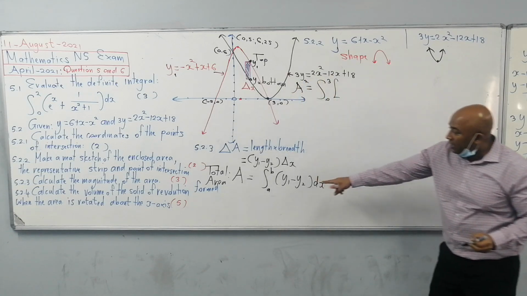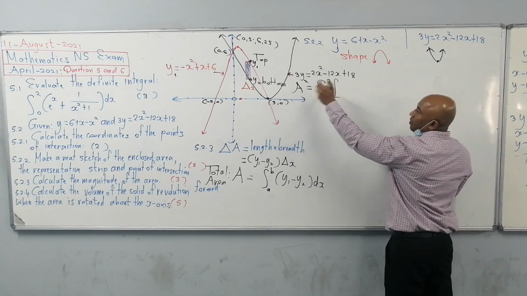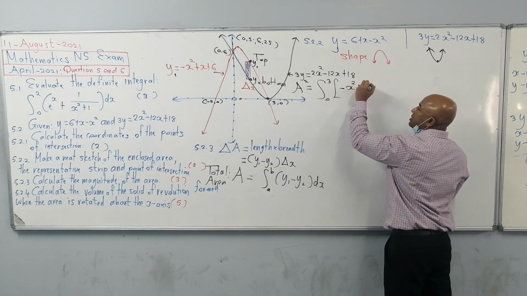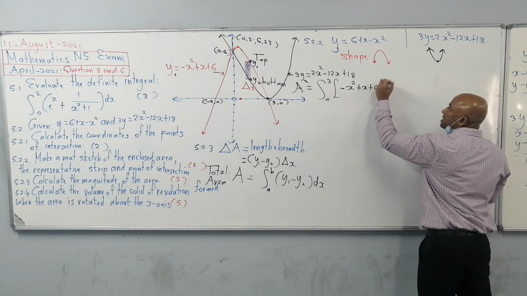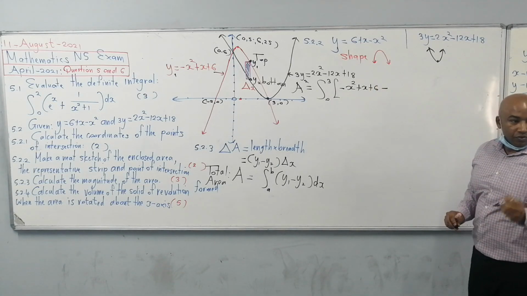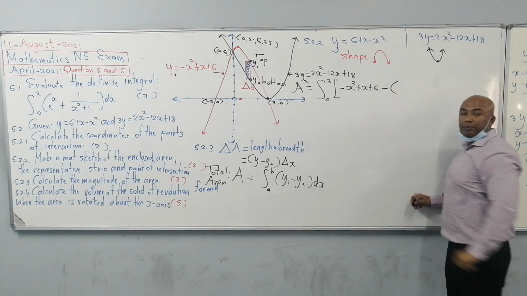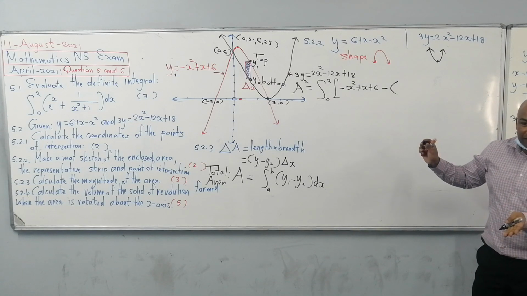of y1 minus y2. So what is y1? y1 is minus x squared plus x plus 6. That's my y1 minus y2. What is y2? I'm opening up a bracket. Why? Because every time you put a negative, you must open up a bracket.